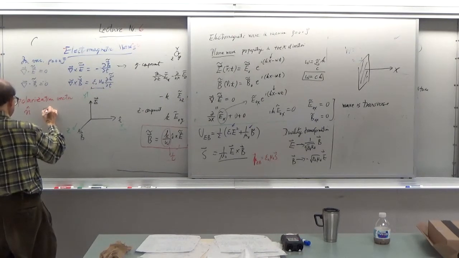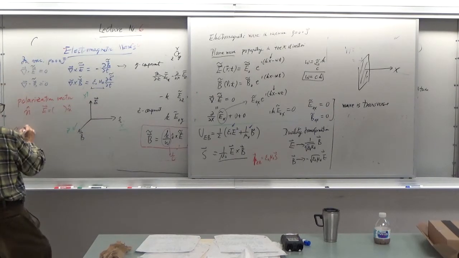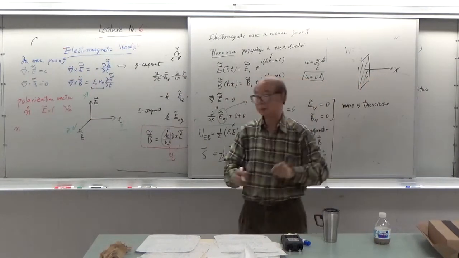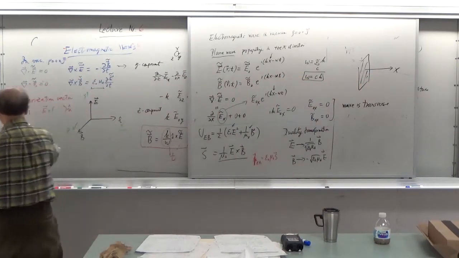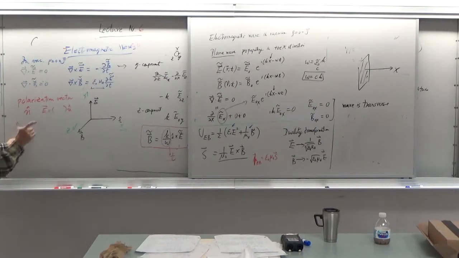E is something in this direction, n hat. And n hat of course lies in the plane perpendicular to the x direction, so n hat dot i hat, the unit vector along the x direction, is 0.